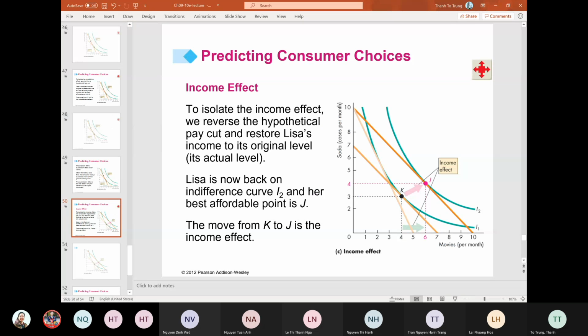From this final part, you now understand what a price effect is, what an income effect is, and how we separate the price effect into the substitution effect and the income effect.